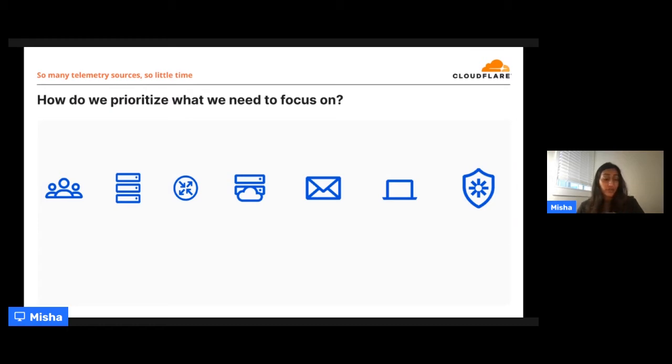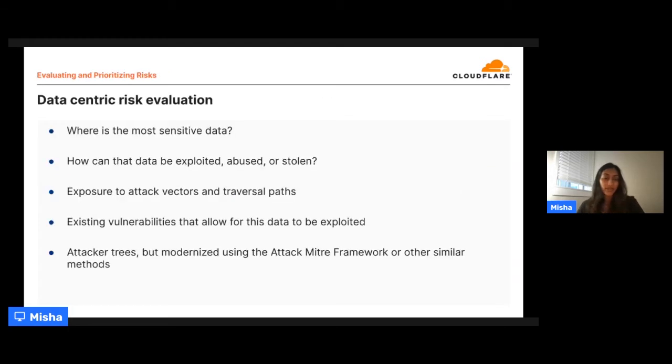There's a lot of different tools and different services that are operating in a production environment, and so there are different types of risks per area. Something that's really helped me is using a data-centric risk evaluation. Where is the most sensitive data located? How can that data be exploited? Think about attack vectors and traversal paths through your environment.